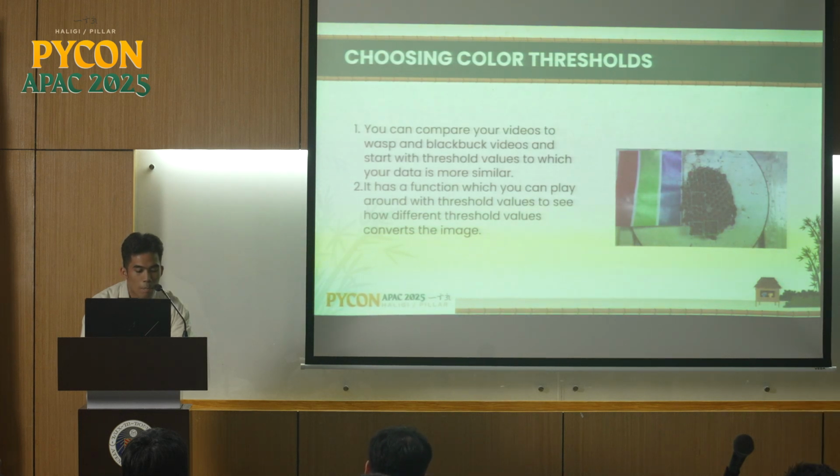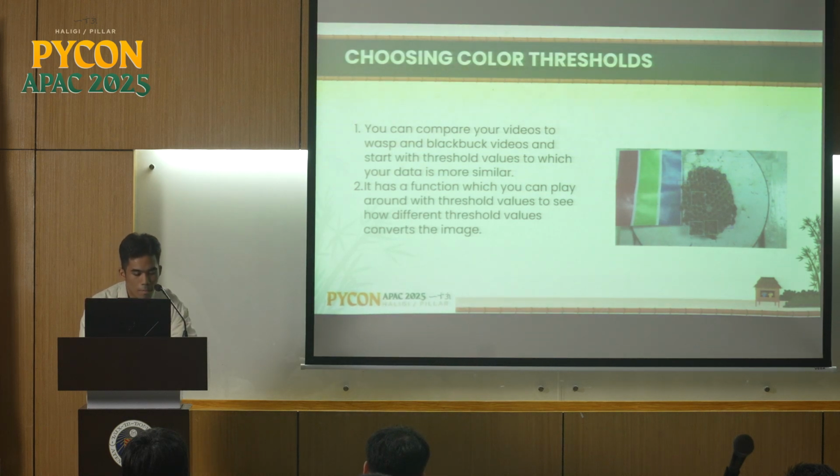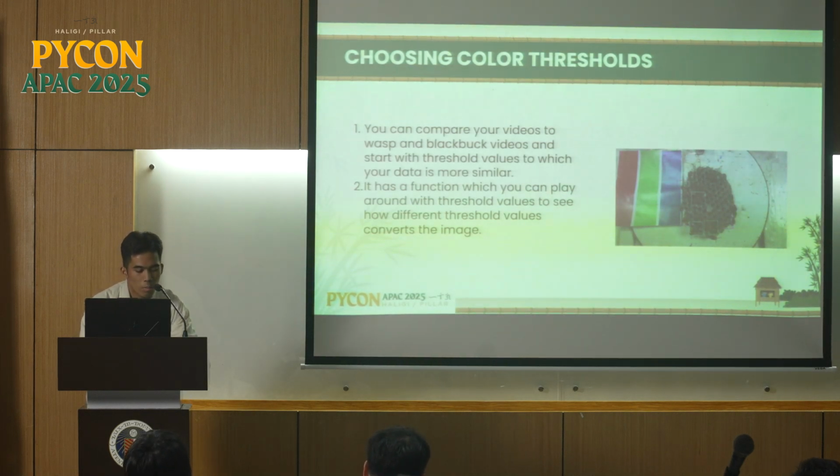And the other, you can compare your videos to WASP and Blackbox videos and start with threshold values through which your data is more similar. For example, if your animal looks more similar to Blackbox in color or lighting conditions, you may start with default threshold and improve the detection by changing lower and upper threshold by a little amount at a time.